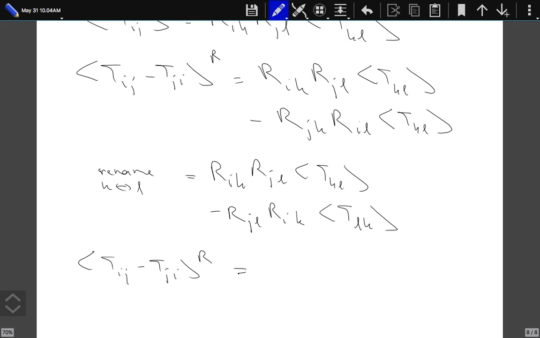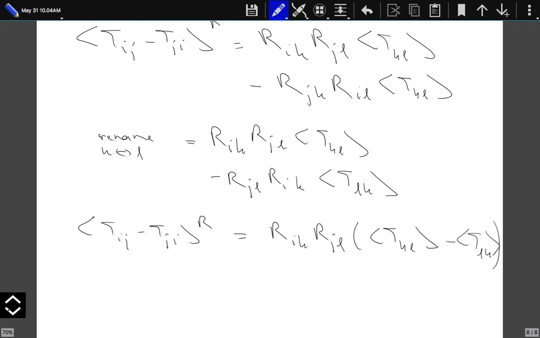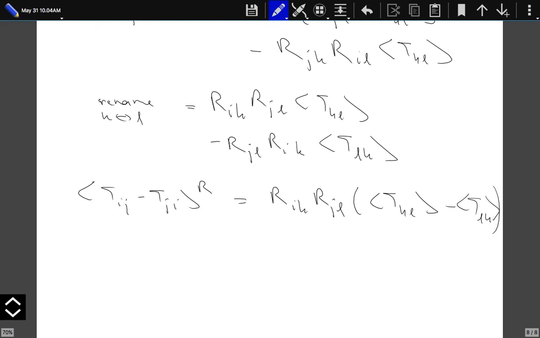So under rotation, this difference just becomes Rik Rjl, Tkl minus Tlk. How many matrices do I have? Let me just define it.